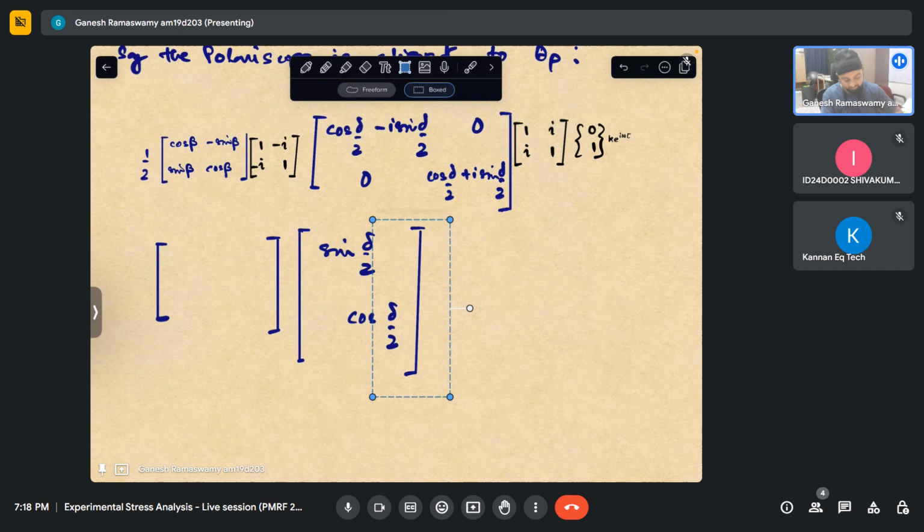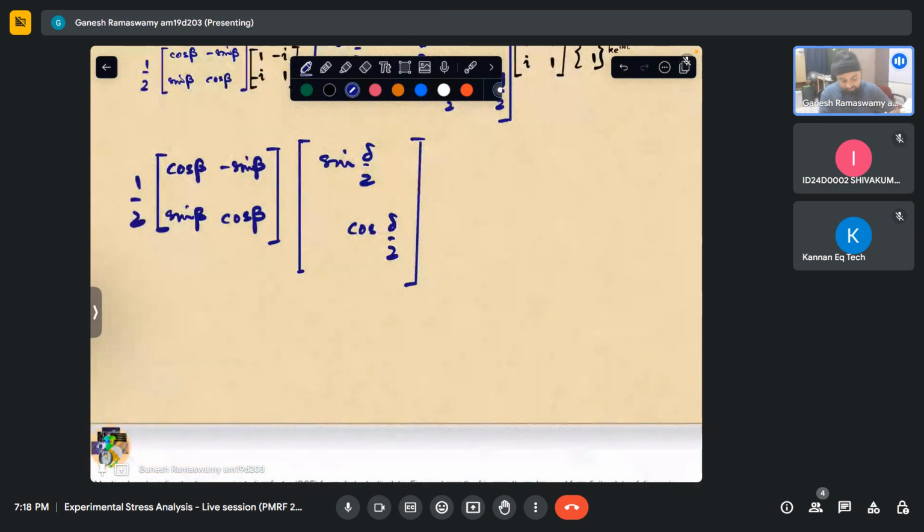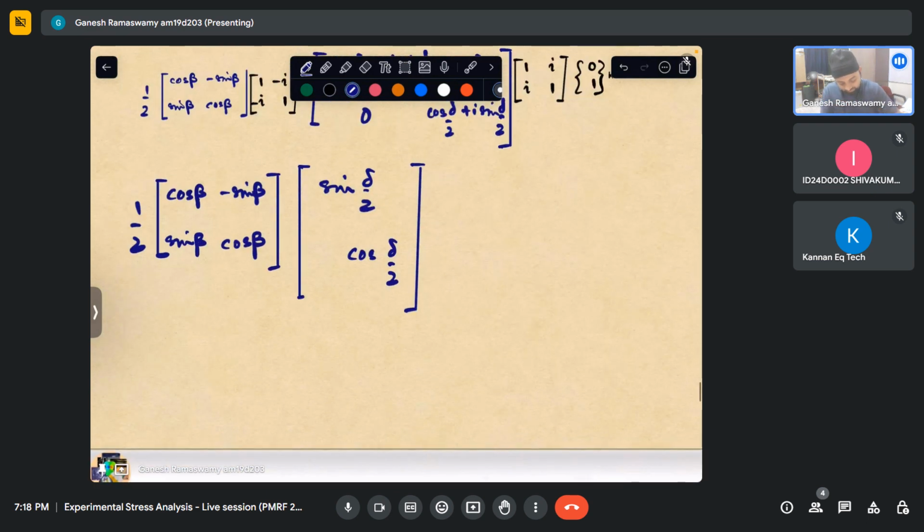It simply becomes this into our cos beta, minus sine beta, and cos beta. And we have the 1 by 2 here. Actually, this 1 by 2 will get absorbed when we multiply that.